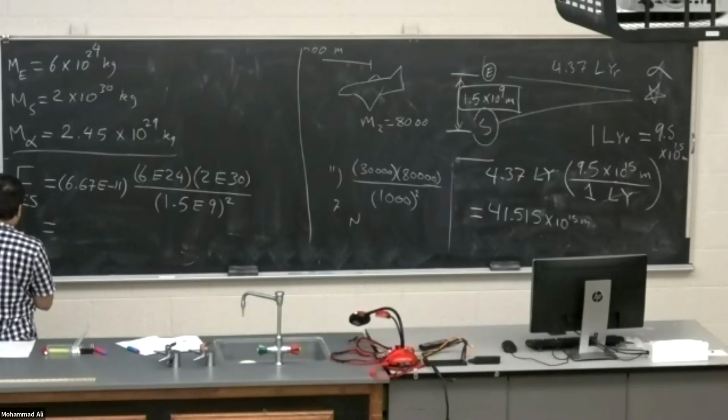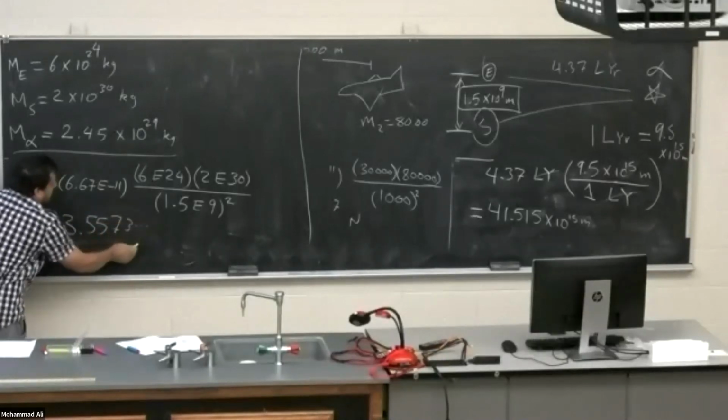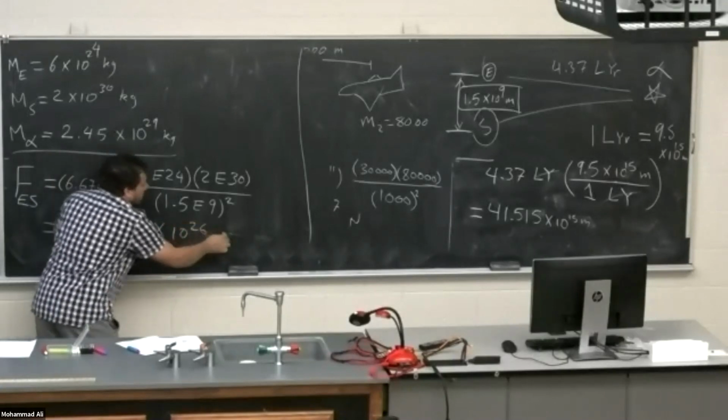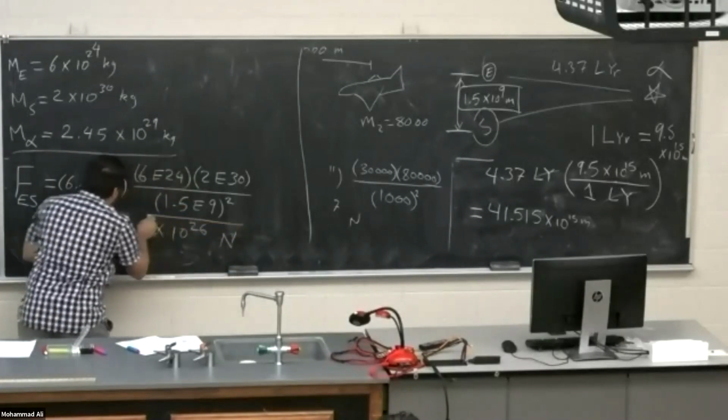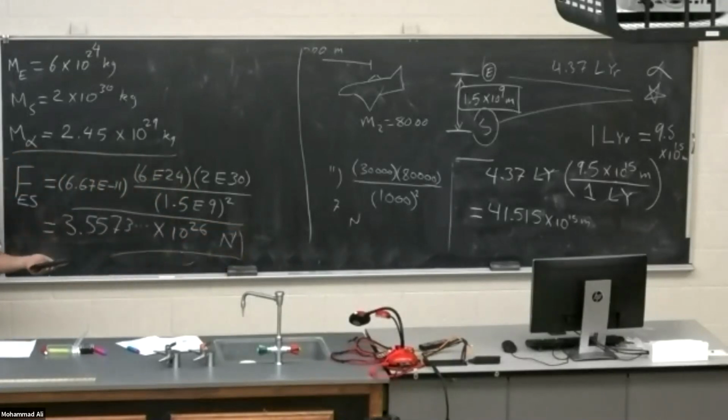Now, it is not small. It is 3.5573 multiplied by 10 to 26 newtons. It should be big because the earth is huge and the sun is huge.